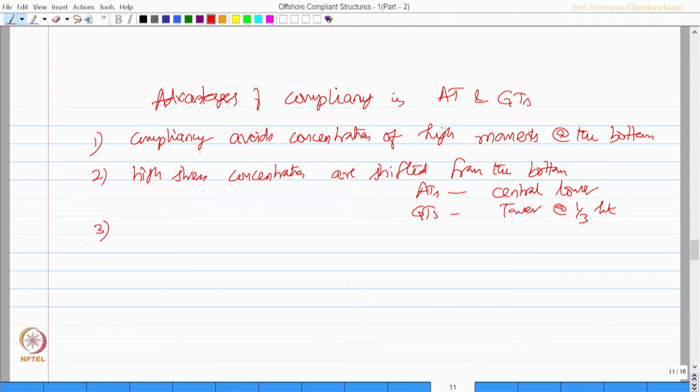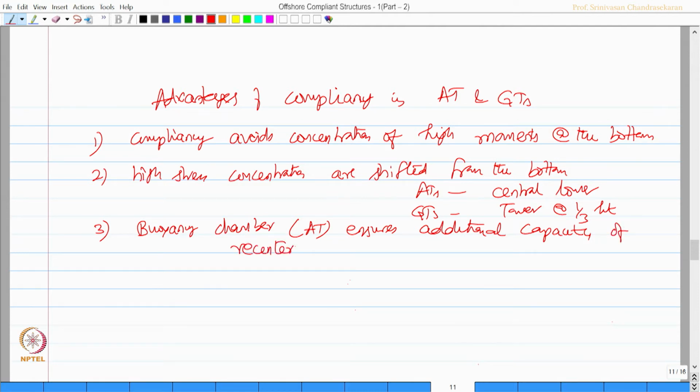The third issue is the buoyancy chamber. In particular, in articulated towers it ensures additional capacity of recentering. So, by compliancy, towers regain original position by displacements.